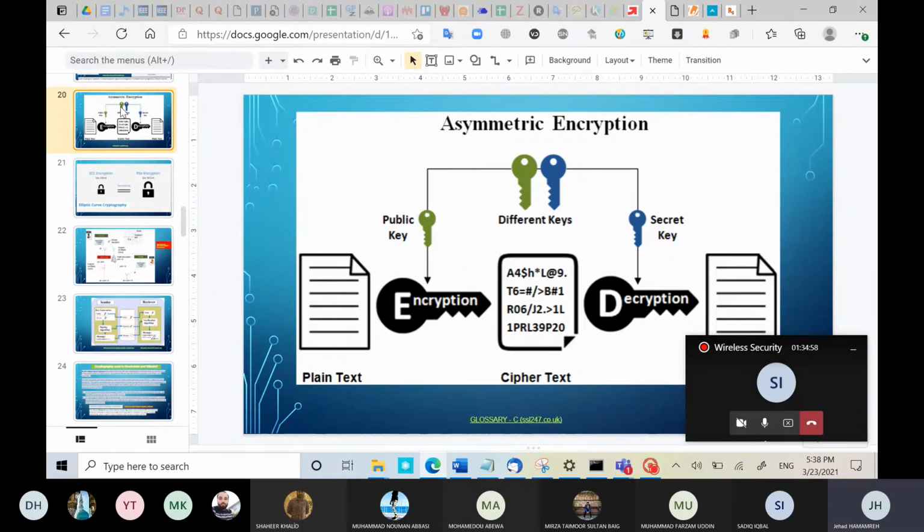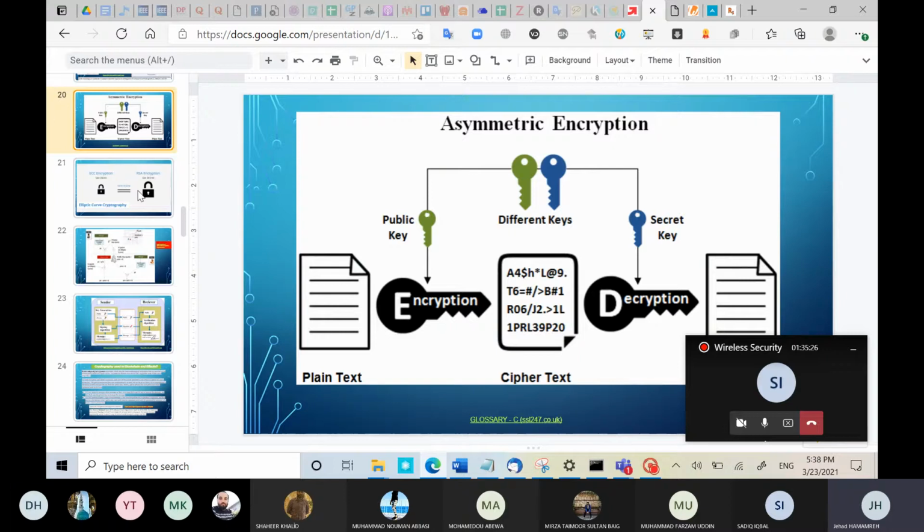This method causes less delay and less resource consumption compared to asymmetric encryption, which is widely used on the web but is less efficient, and can cause delay and consume more resources than needed.